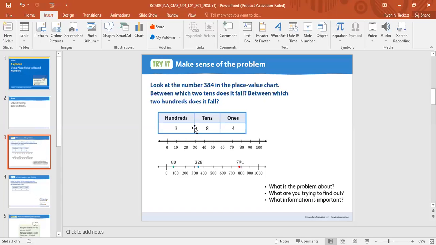If you see in our chart right here, our tens is 8. So 8 tens equals 80. And 80 falls between 70 and 90. And for our hundreds, we have three groups of 100, which equals 300. So 300 is between 200 and 400.